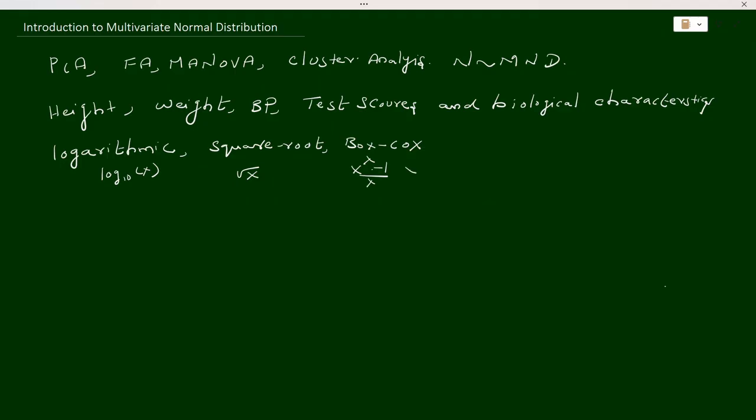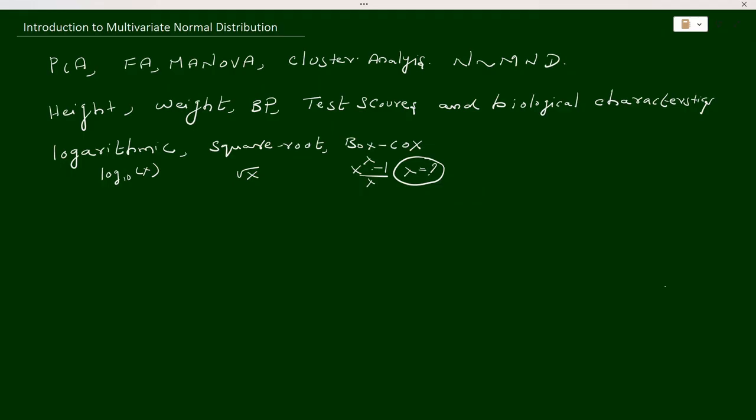So here lambda can be any value. The basic thing is selecting this lambda value. If the lambda value is selected optimally, then this method will give a better result of normality of the data. So like this we can do it.